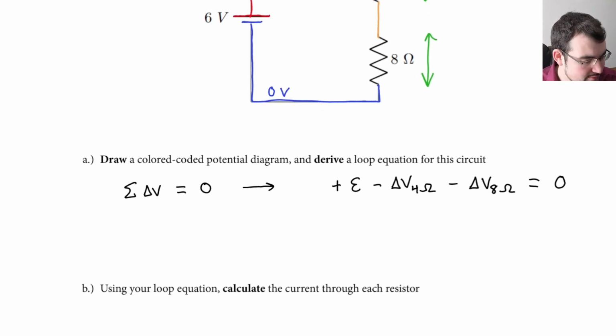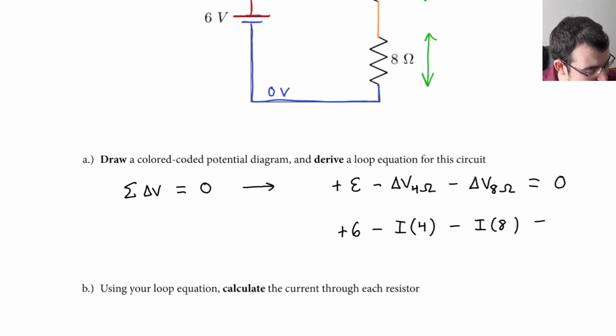So this means that we can write a loop equation as the battery voltage, which was 6 volts, minus the voltage drop through the 4 ohm resistor, which is going to be I times R, which is 4, minus the voltage drop through the 8 ohm resistor, which would be I times 8, gets us back to 0.